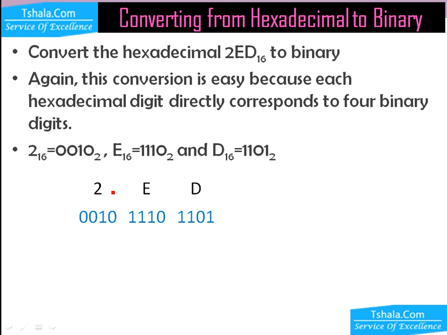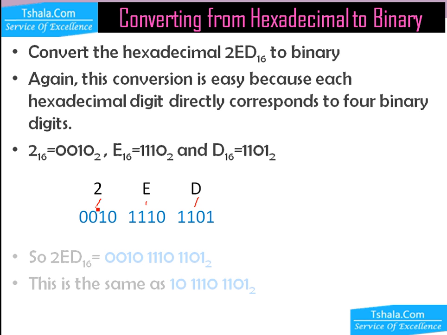That is how it works. So 2ED goes straight across, as we can see. So that is the result. The result here and that are really equal.